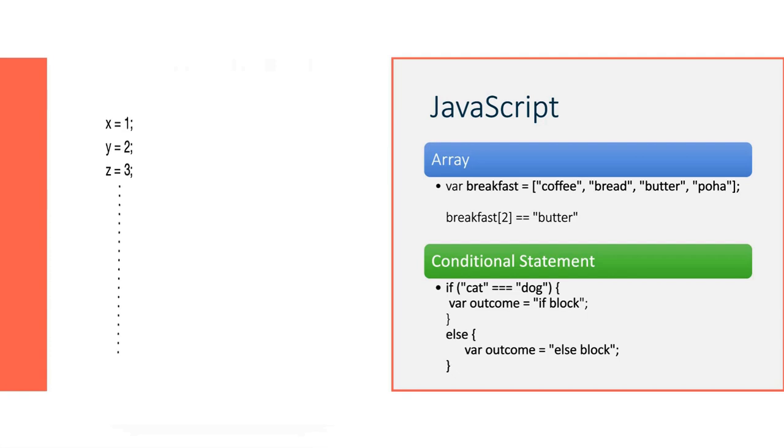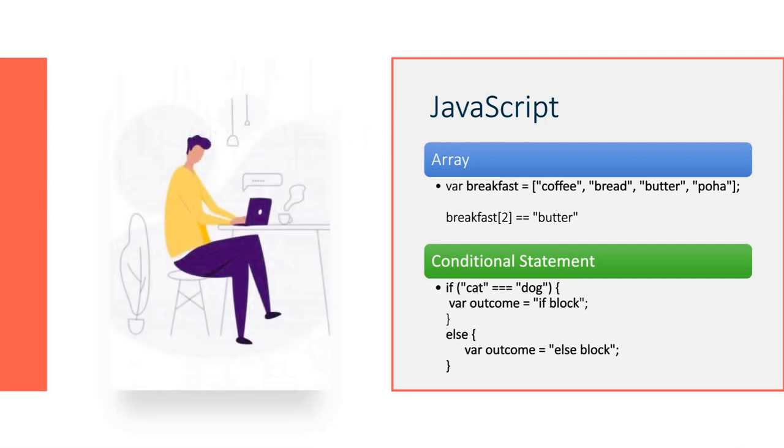Or we can make a list of students by saying var students equals to an array which contains the names of all the students. Then to know the name of the nth student, suppose the 10th student, we can call students[9], as the count in an array starts from 0 in JavaScript.